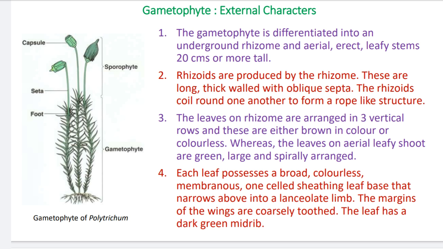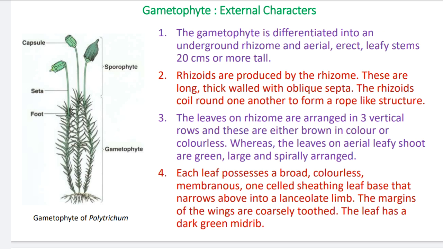Now, the gametophytic plant body external characteristics. Point number 1. The gametophyte is differentiated into an underground rhizome and aerial erect leafy stems 20 centimeters or more tall. The plant body contains the underground rhizome.